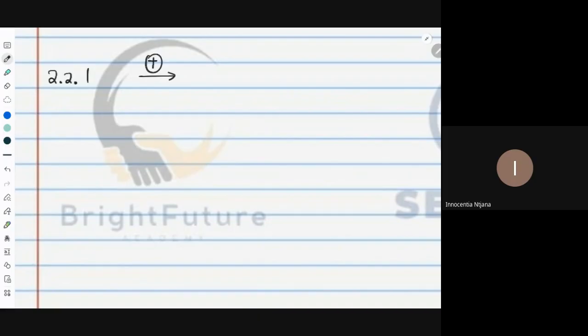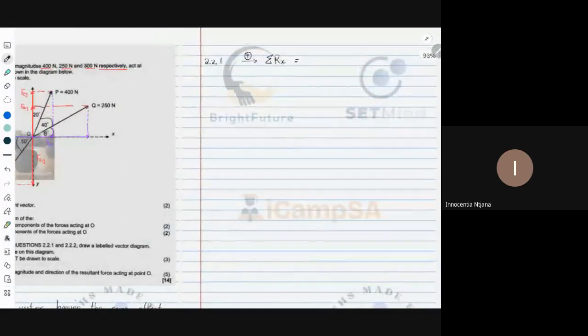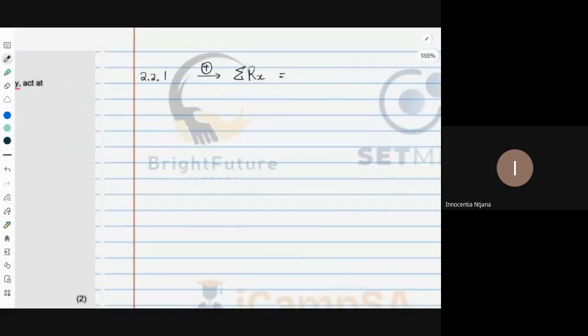Some textbooks and teachers prefer to write the summation sign, so some will write the sum of Rx. I just leave it out because you don't get penalized nonetheless, but if you're into that, you can always write it.